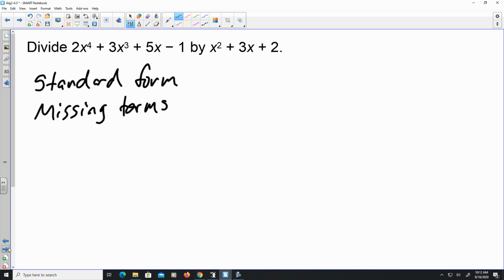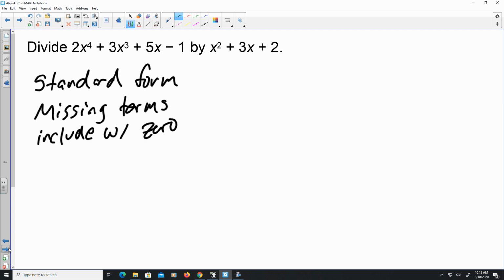If you look here, x to the fourth, x to the third, x to the second, there's a missing term. Anytime you have a missing term, you're going to include it with a 0 as the coefficient.